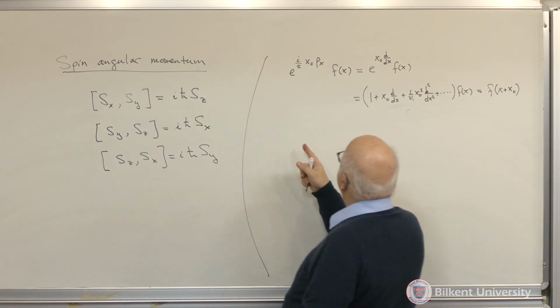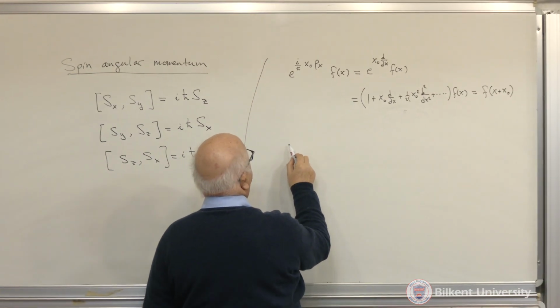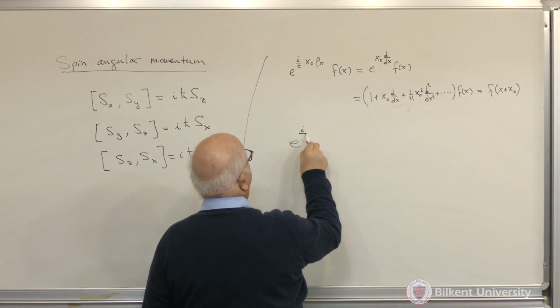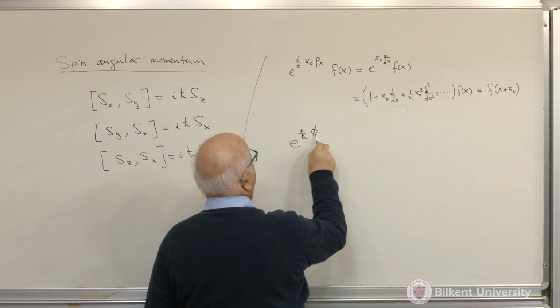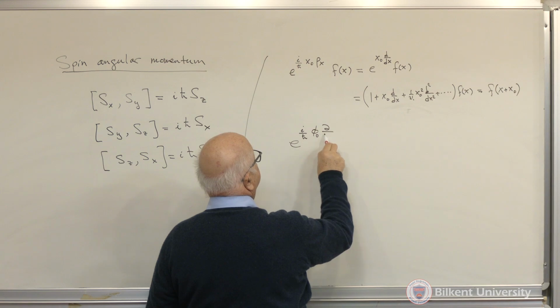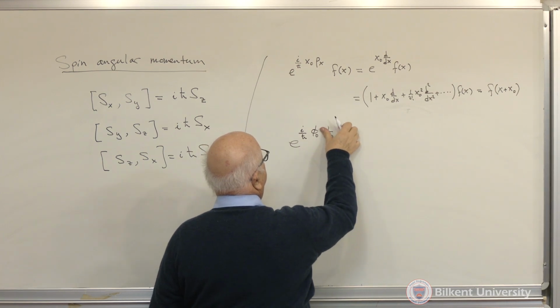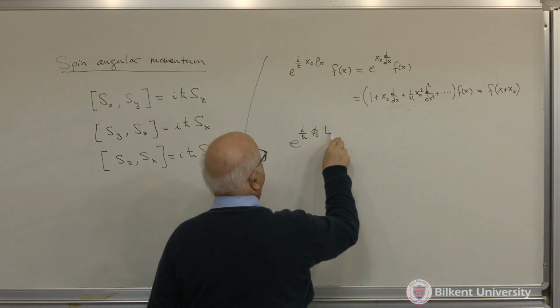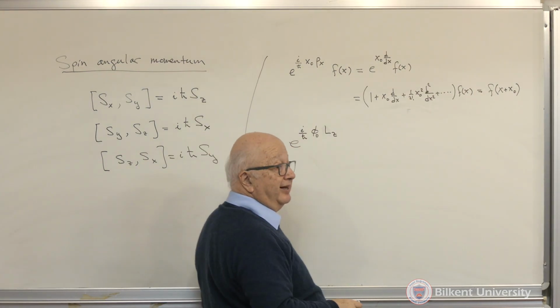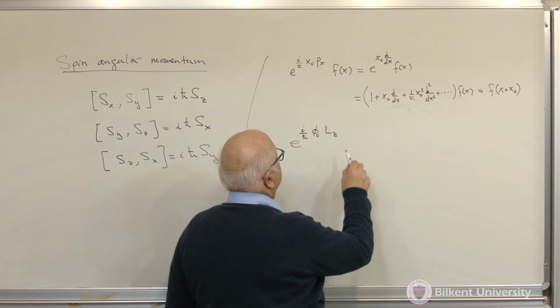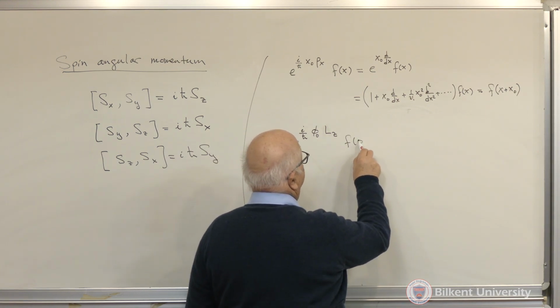I can try the same thing with, for example, an angular momentum operator. The only one that we know well at this point is the L_z operator. So if I take e to the i over ħ phi0 L_z, now this will operate on some function of phi.